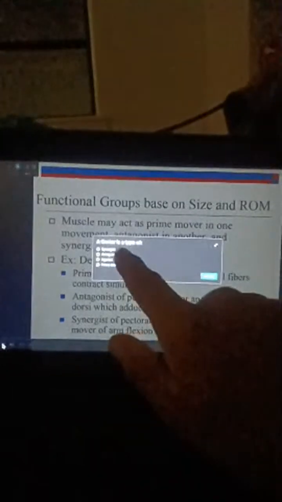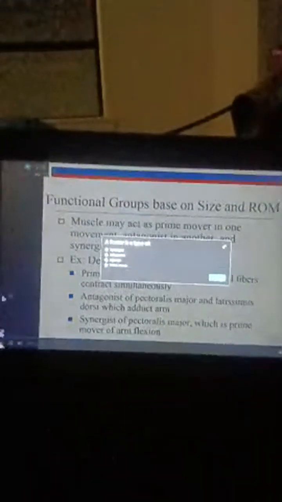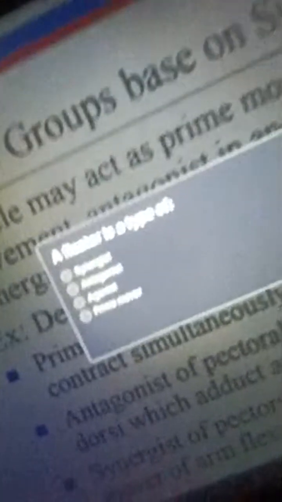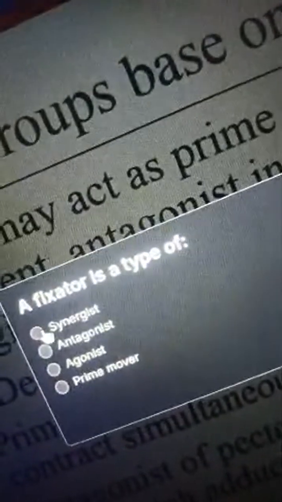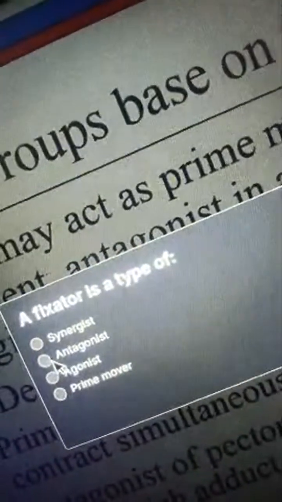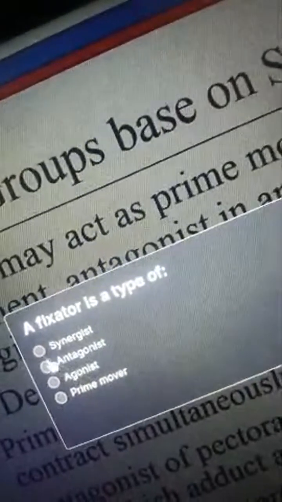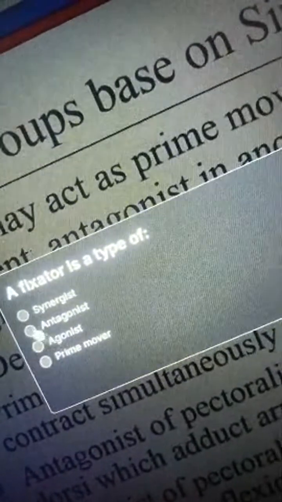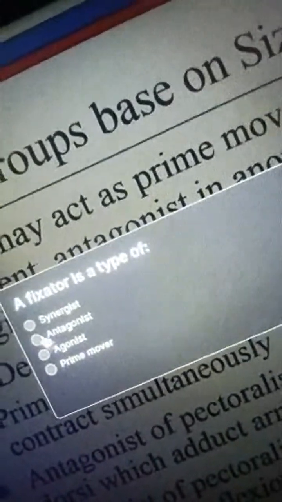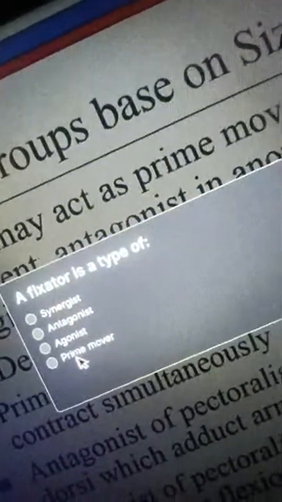A fixator is a type of... what was it again, everybody? A fixator is a type of, I think it was synergist. I'm going to go with synergist because antagonists fight the agonist. And a prime mover is basically your agonist, I think. I'm not quite sure about the prime mover.